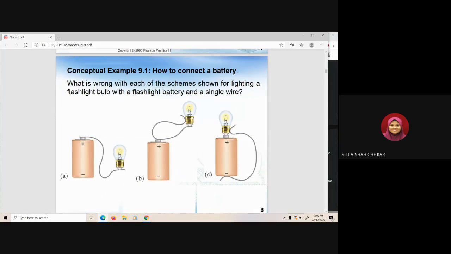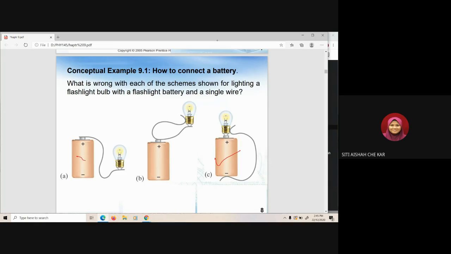Okay. Example 9.1. Can you determine in which figure the bulb will be on? Is it figure A, figure B, or figure C? Which one? Figure C. Yes, good. So figure C shows the complete circuit.